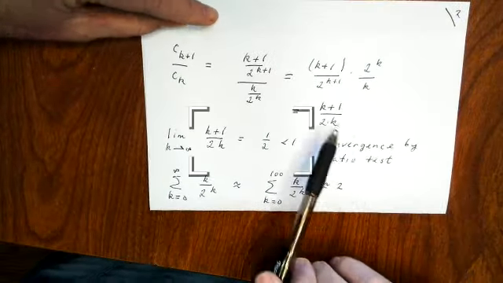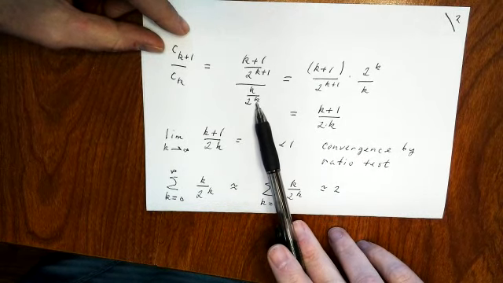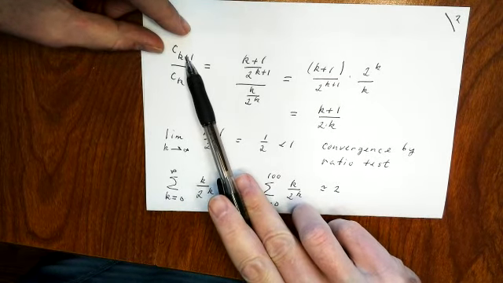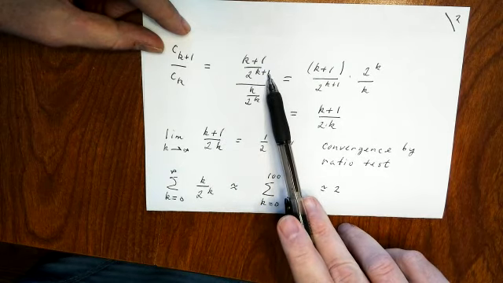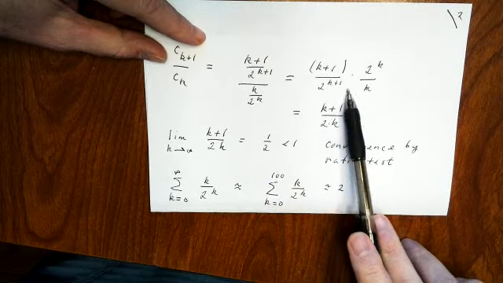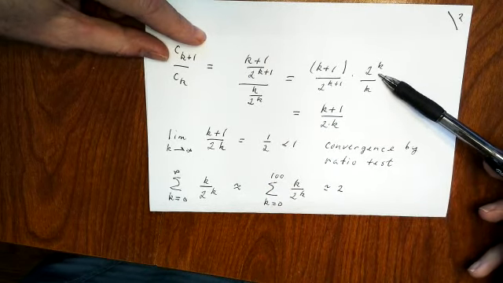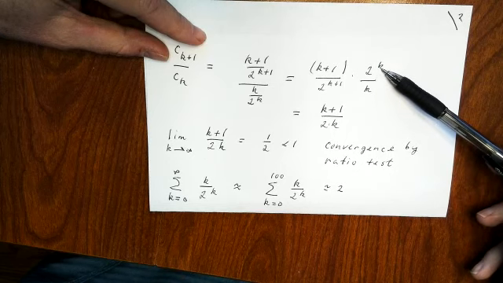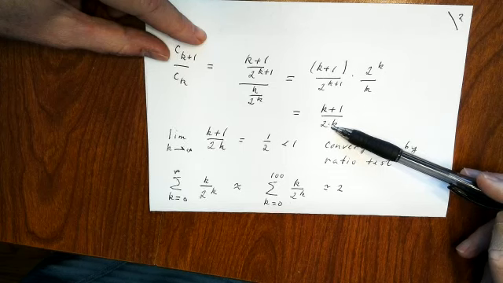So when I use the ratio test, my c sub k is k over 2 to the k. c sub k plus 1 is k plus 1 over 2 to the k plus 1. Now, to divide these fractions, we invert and multiply. And just like there usually is, we see a fair amount of cancellation. The 2 to the k here is going to cancel with all of this except 1 power of 2.